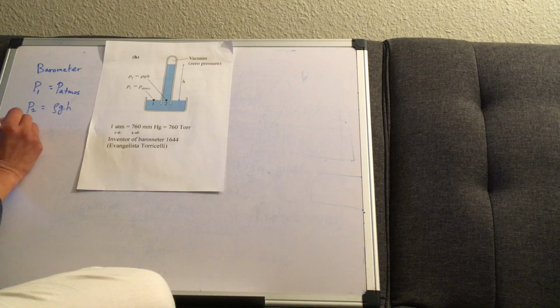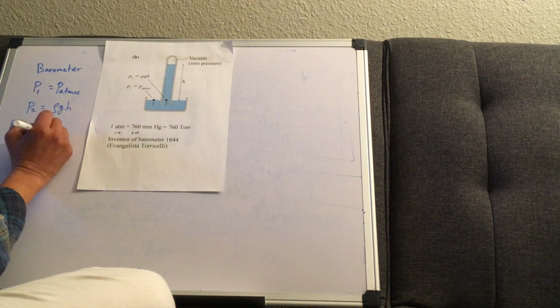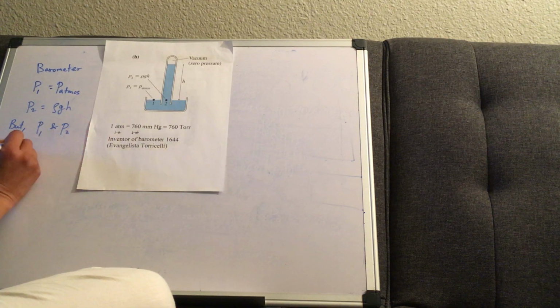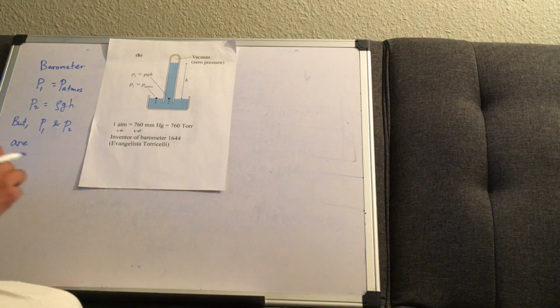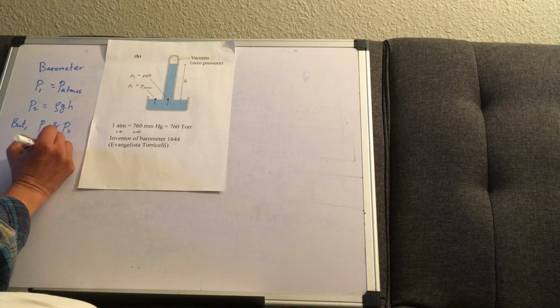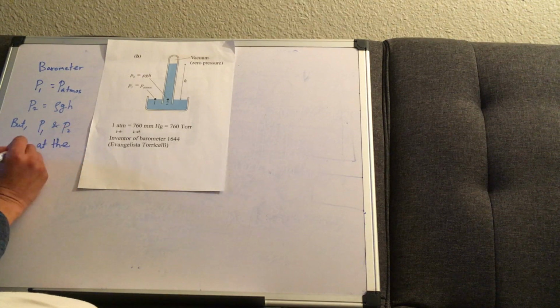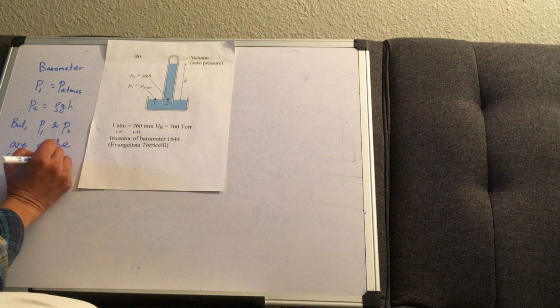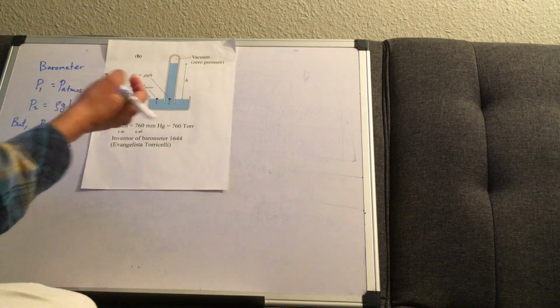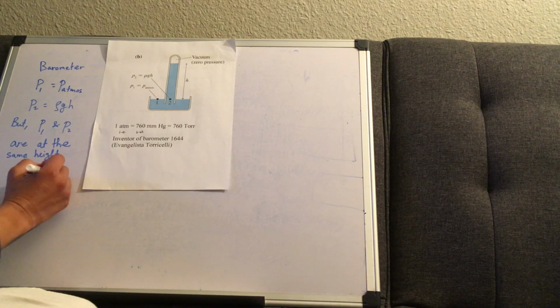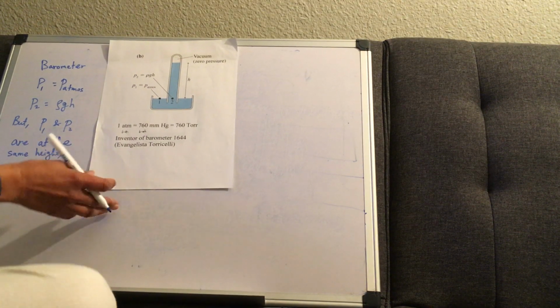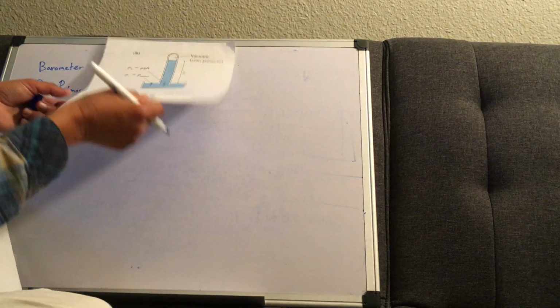But P1 and P2 are at the same height, right? Or they are along the same horizontal line. P1 must be equal to P2. Okay, let me move this guy a little bit that way.